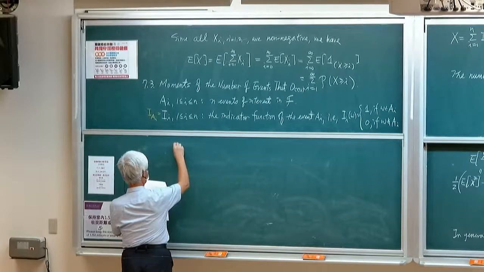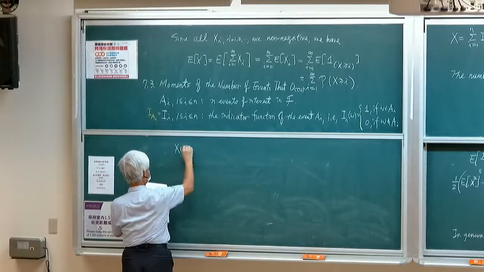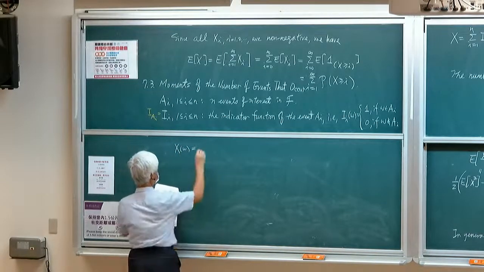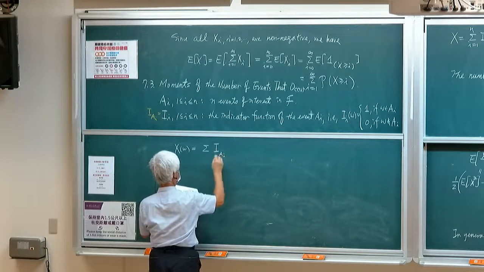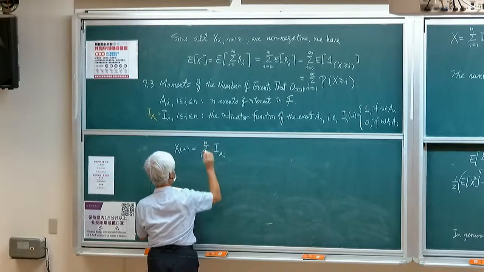And we know X of omega is the summation of the indicator of A_i from i to n.